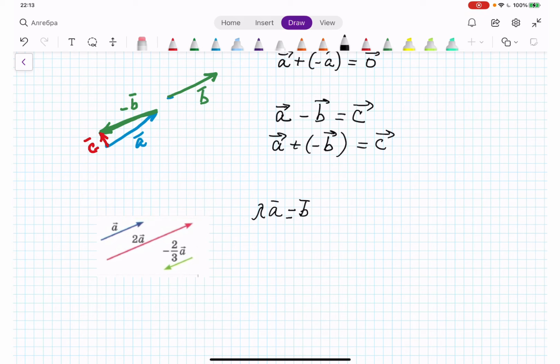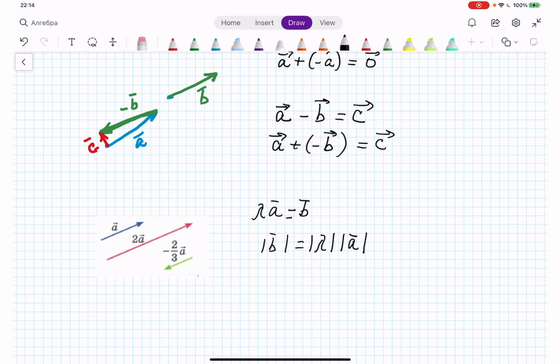Then in this case, the magnitude of vector B is going to be equal to the absolute value of lambda. Why are we not saying the magnitude of lambda? Because lambda is not a vector, it's a scalar value. That's why we take the absolute value, and then times the magnitude of vector A.